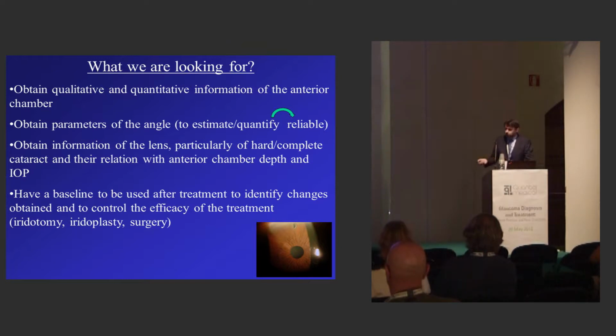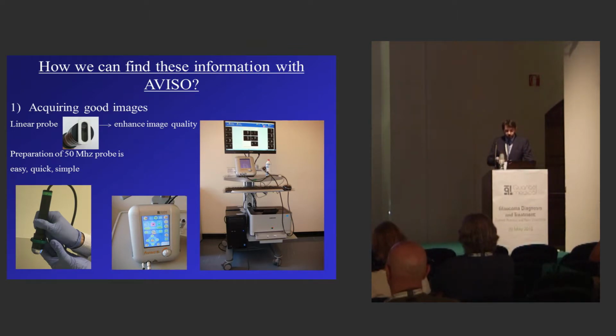When we have a hard and complete cataract, the relation between the cataract, the anterior chamber depth and the intraocular pressure. And at the end, a baseline to use after a treatment, an iridotomy, an iridoplasty, to control the efficacy of the treatment.